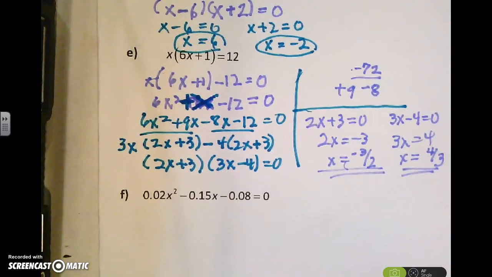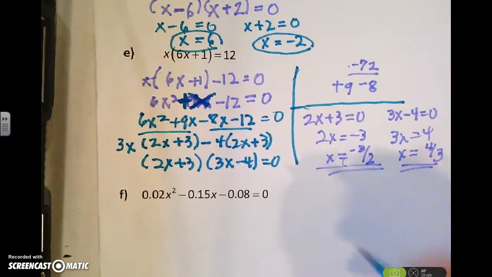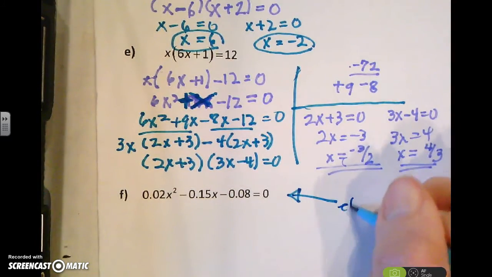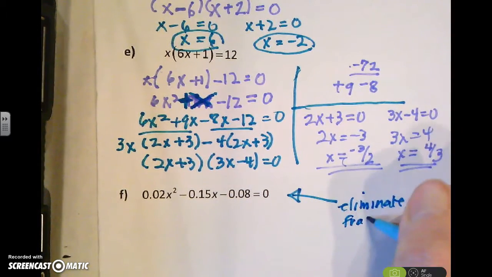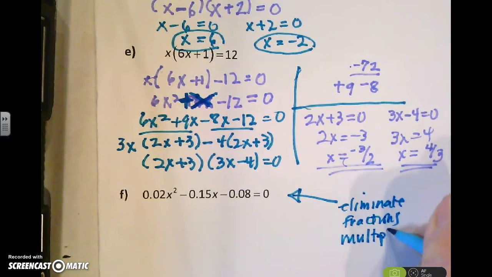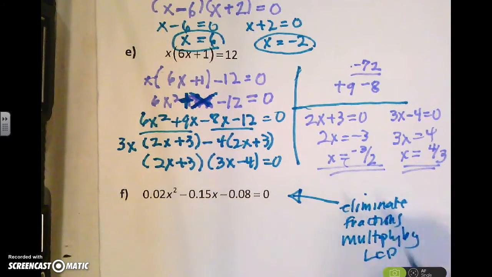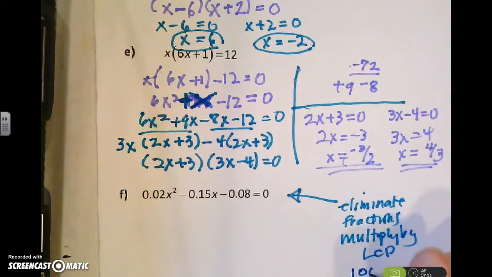In example F, we have some decimals. So this is going to apply with fractions as well. Whenever you have fractions or decimals, you want to eliminate your fractions or decimals, and you do that by multiplying by the LCD. And in this case, the LCD with the decimals, you see I want to move those decimals over two places, and in this case it's going to be 100.